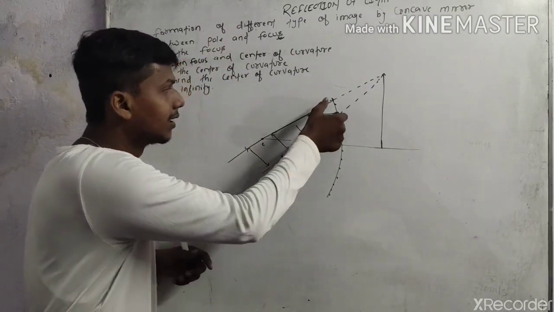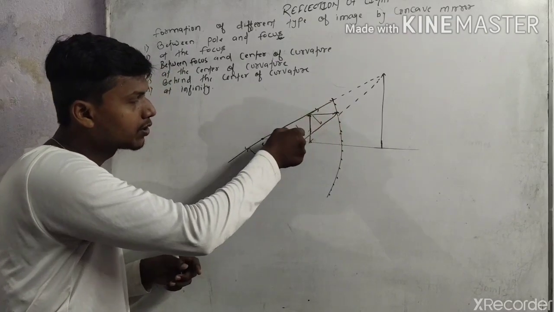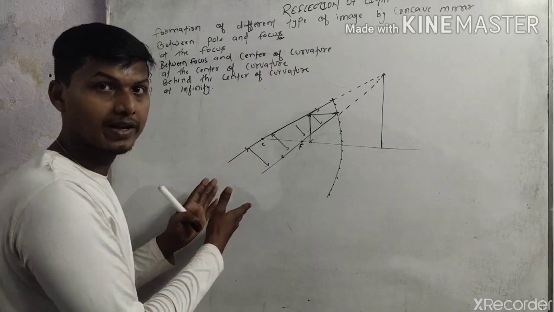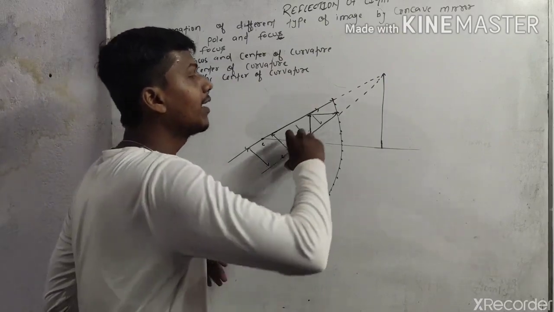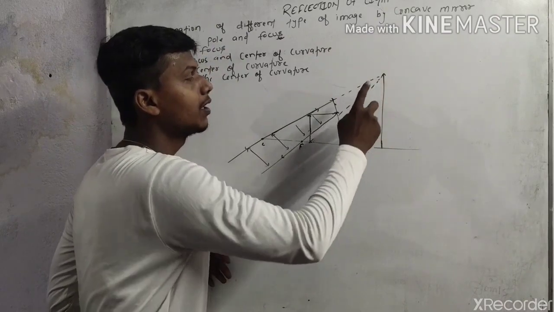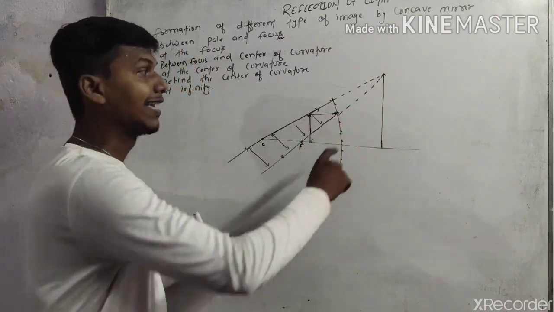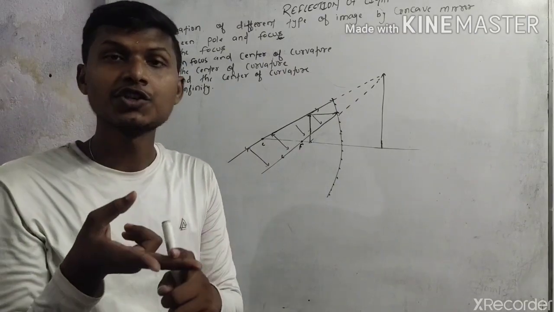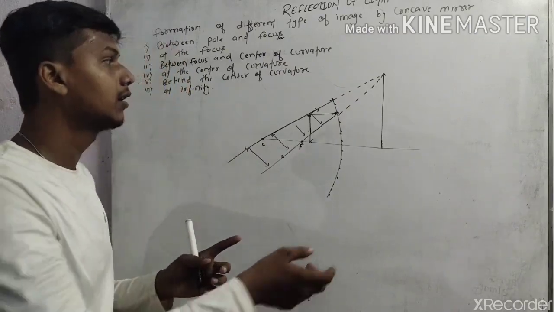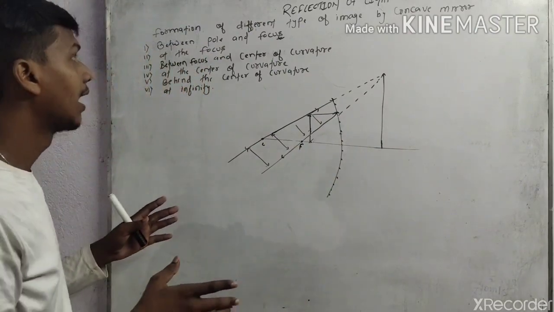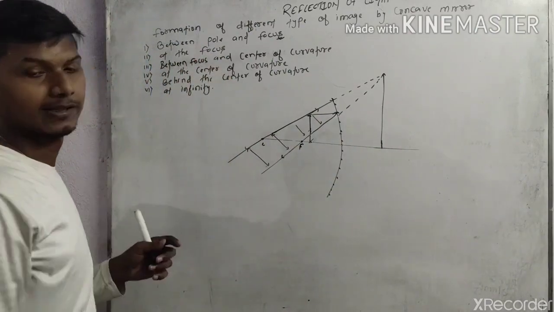We have seen the distance between the two reflected rays is increasing, so it is impossible to meet in the forward direction. So we bring them back behind the mirror and intersect them virtually. The image formed will be enlarged, virtual and erect, and behind the mirror. The first case is clear and we will go to the second case.